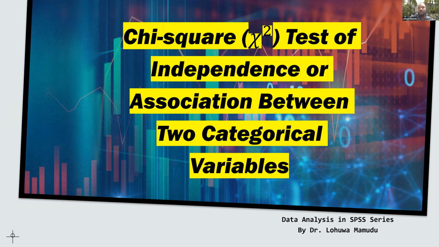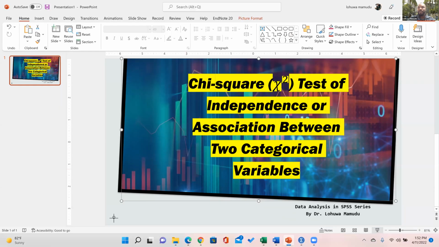So let us look at how we can assess and conclude that there are any differences, association, or relationship between any two categorical variables. So let's get to it. Now again, we have our data set open.